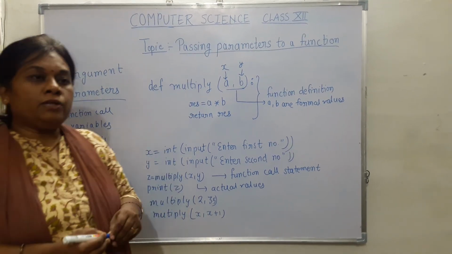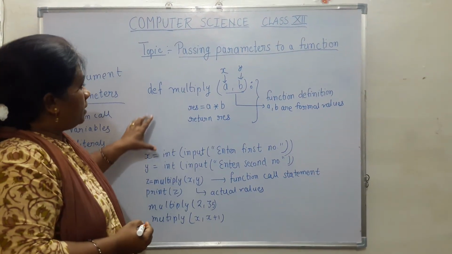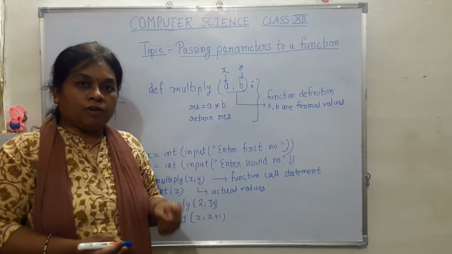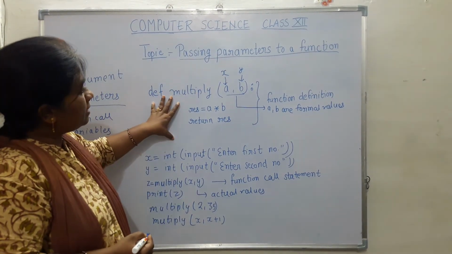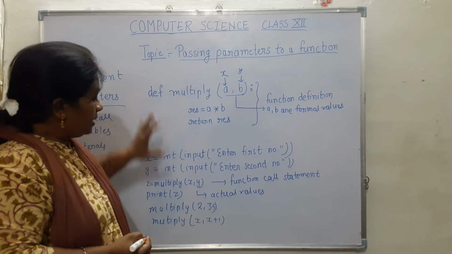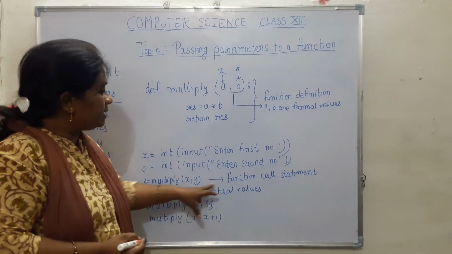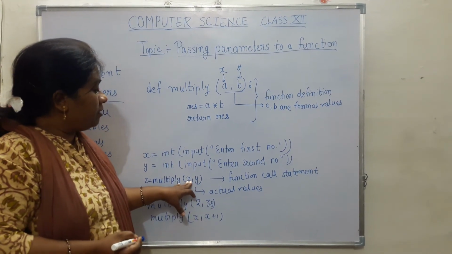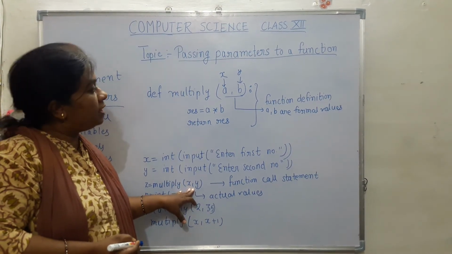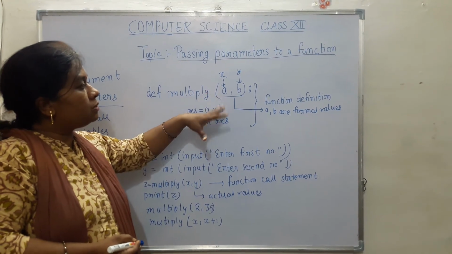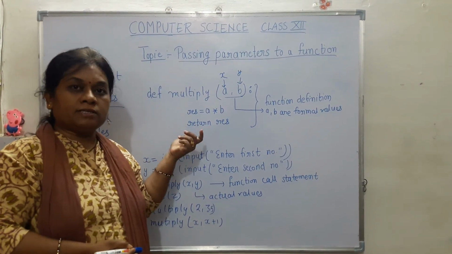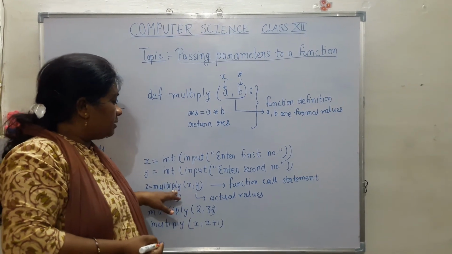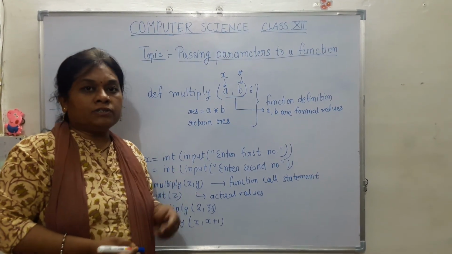What I want to tell you in this video is that when we make a program through a function, there is the function definition and there is also the function call statement. In a function call statement we must pass some values to the function definition, so that the function definition can process those values and return the result to the calling function.